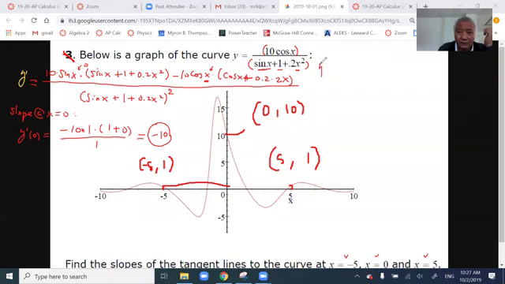So we go y derivative at x equals 5. So that means plugging in 5 here, right? So you're gonna have 10 times sine 5 times sine 5, add 1, add 0.2 times 5 squared, right?